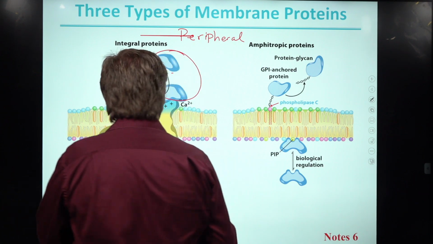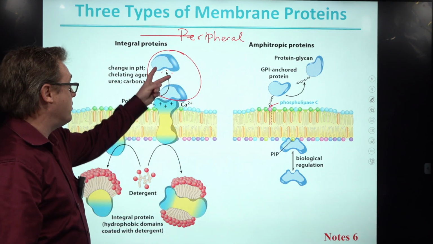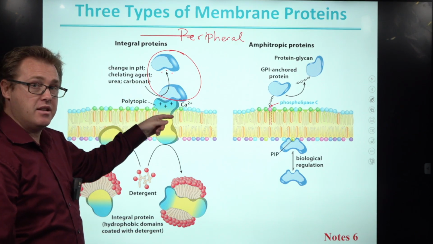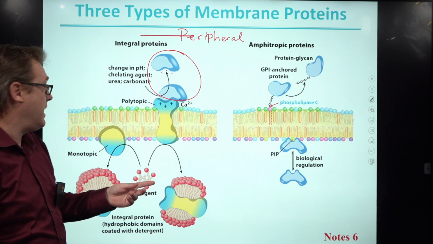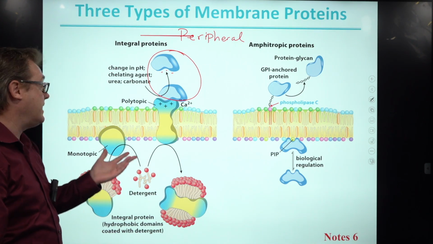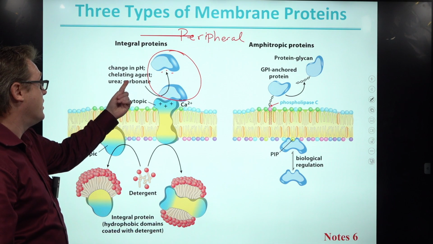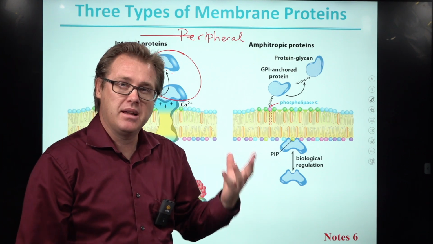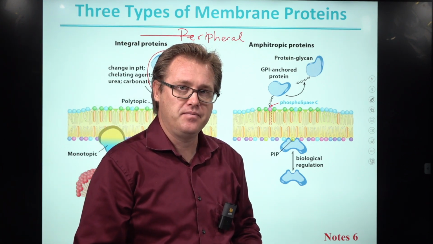And so if we wanted to isolate peripheral proteins, because they're only associated to the membrane via electrostatic interactions, we can weaken that interaction by changing the pH or adding in some urea to disrupt that ionic interaction.